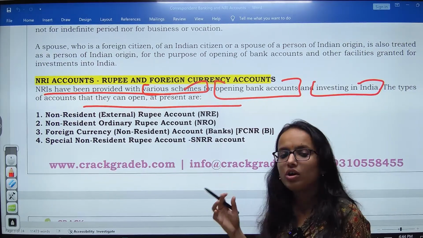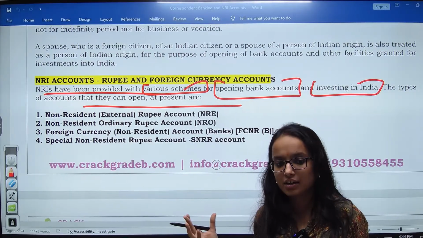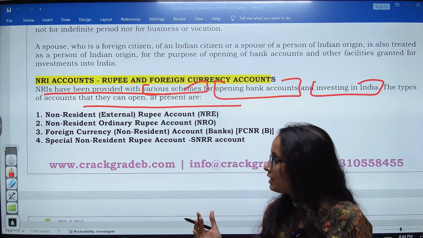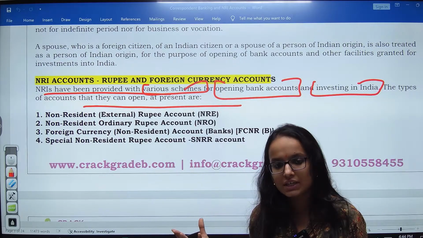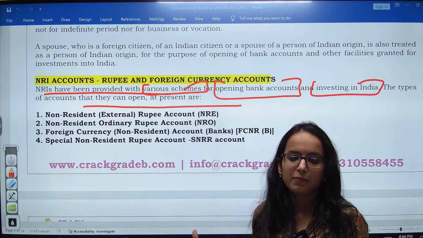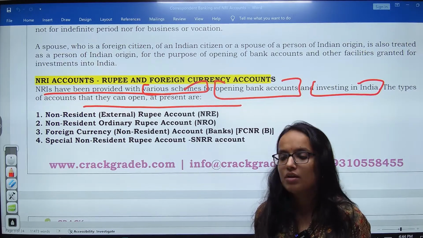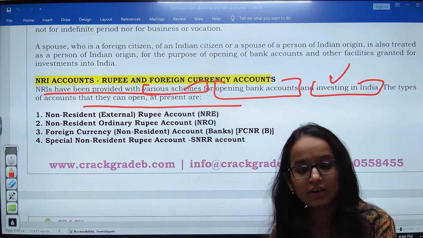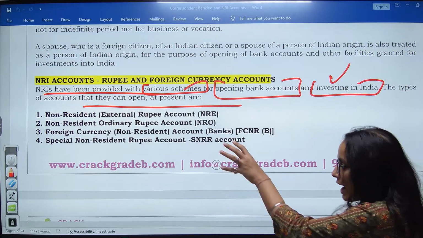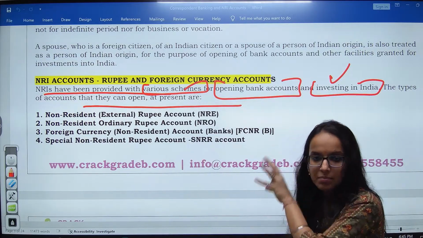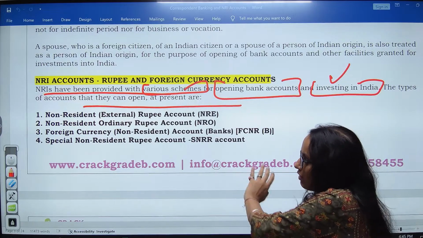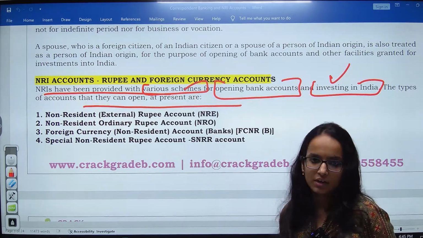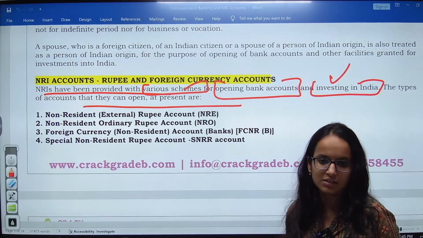All non-resident Indians have been provided with different banking facilities for banking related products and for investment in India, if they want to invest in India. At present, this is updated, so you have these categories of accounts which an NRI can access.